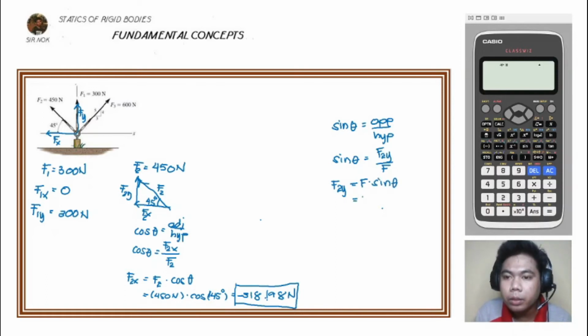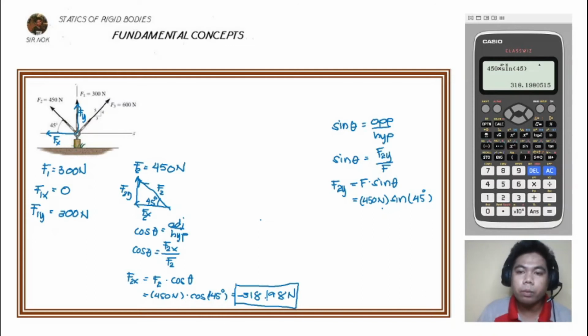So F is 450 newtons times sine 45 degrees. So 450 times sine 45 is 318.198 newtons.